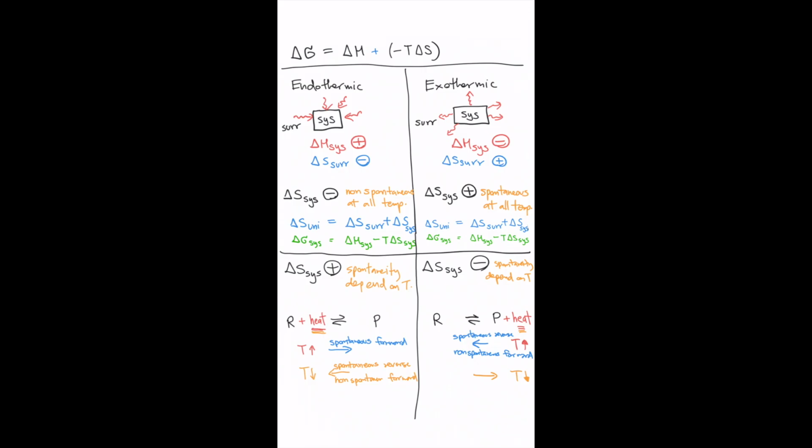So in this scenario, it would be spontaneous in the forward direction, or non-spontaneous in the reverse direction. For myself, I find it easier to understand how spontaneity depends on temperature by using the Le Chatelier principle to predict spontaneity. It's easier than using these two to predict spontaneity.